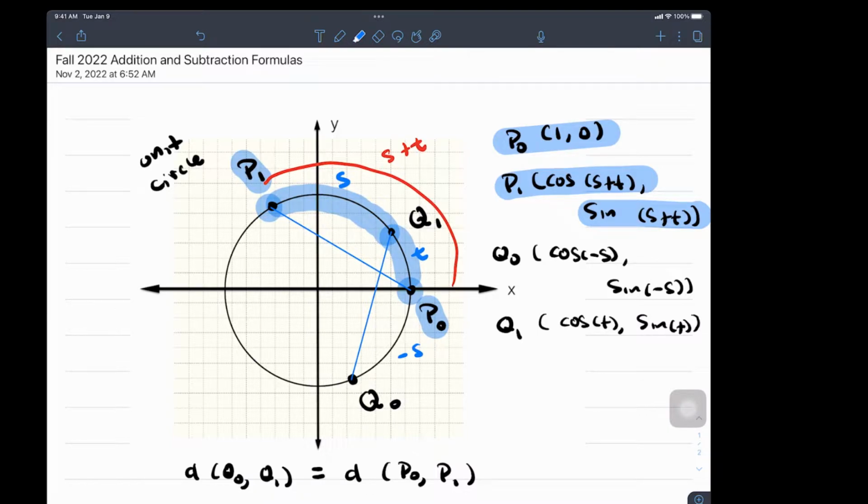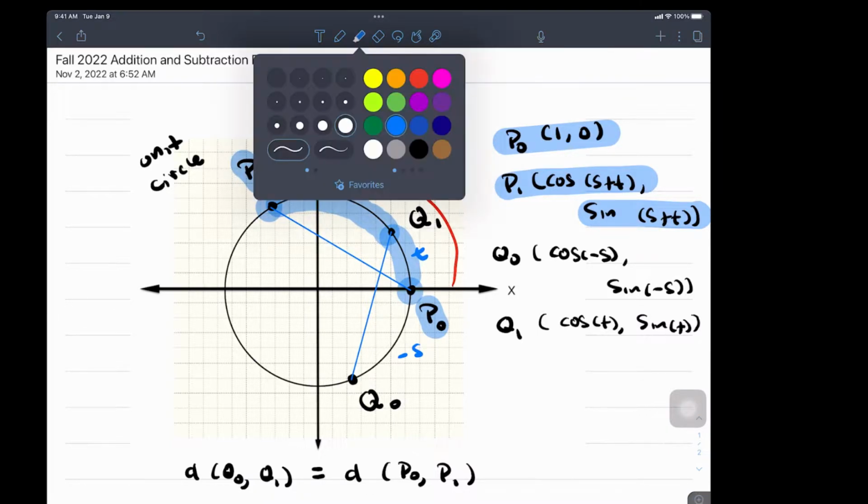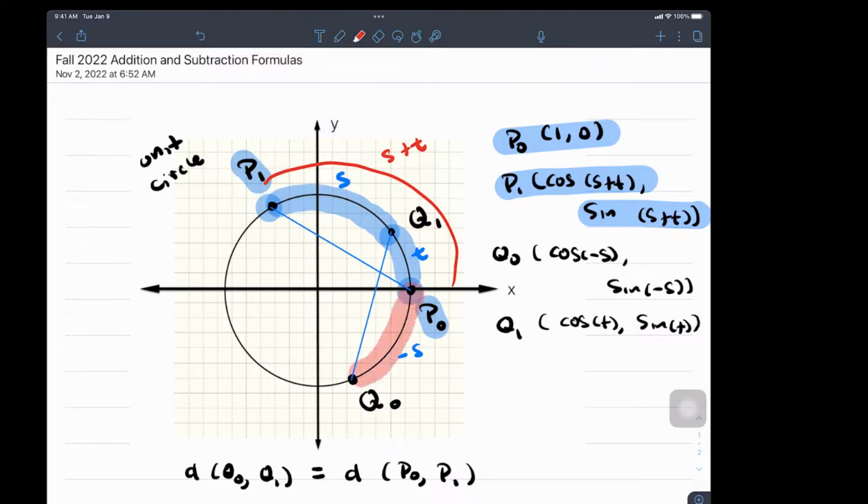So this is how they define that point, okay? Now, if you look at Q naught, we're going in the other direction. This is a distance minus S. Okay, and so Q naught here is defined this way: cosine(minus S), sine(minus S). Those are the XY coordinates. And then Q1 is at cosine T, sine T. All right, now this is how we get to these particular locations.